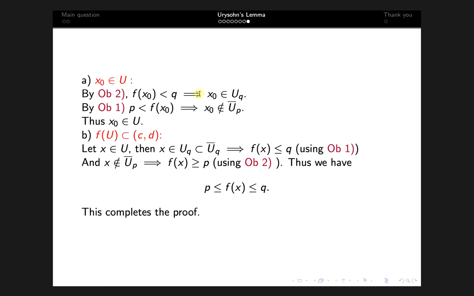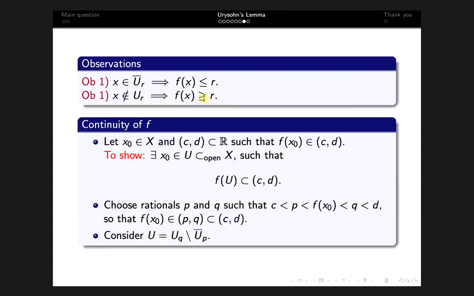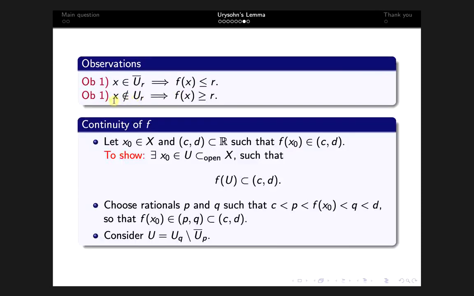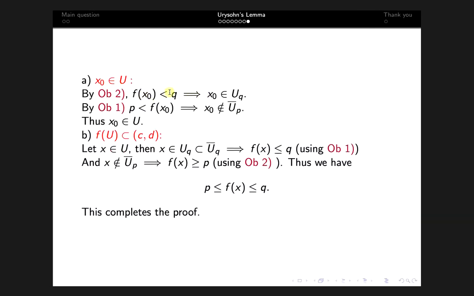Suppose x naught does not belong to UQ. Then f of x naught should be greater than or equal to Q. But here we have f of x naught strictly less than Q. So this is the negation of observation 2.